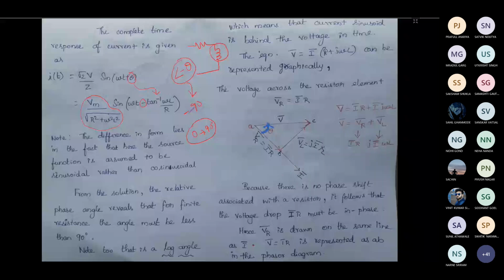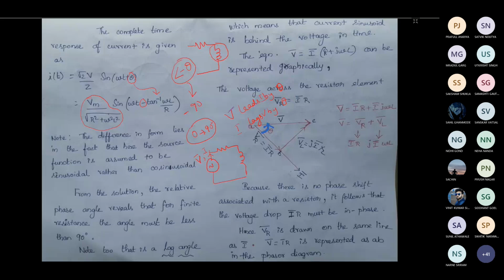So what is this current and what is this voltage? So if you see here, so here you are having a voltage source, then you are having a resistor, then you are having an inductor. So if you are relating the voltage magnitude of the source with the current coming out of this source, then for this circuit you will be getting voltage leads current by some angle theta, or you can say that the I lags voltage by some angle theta.